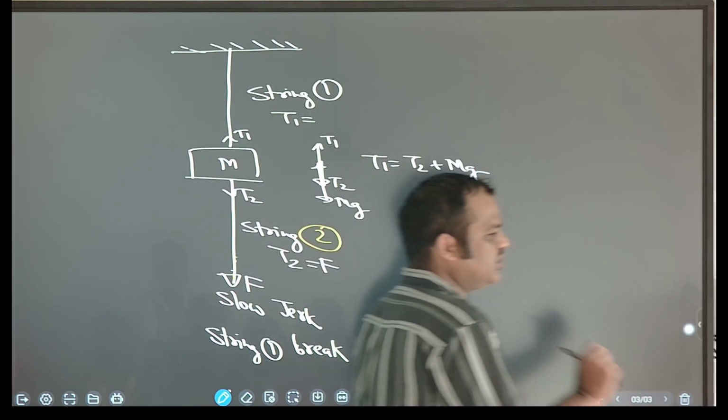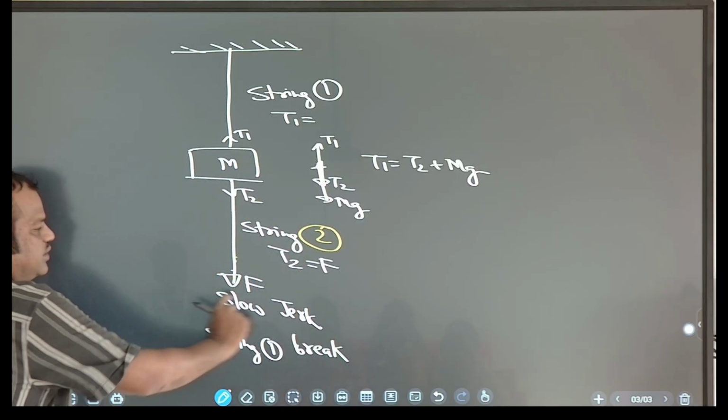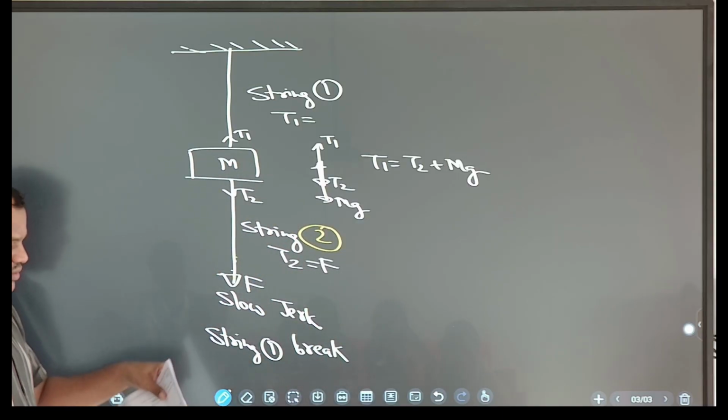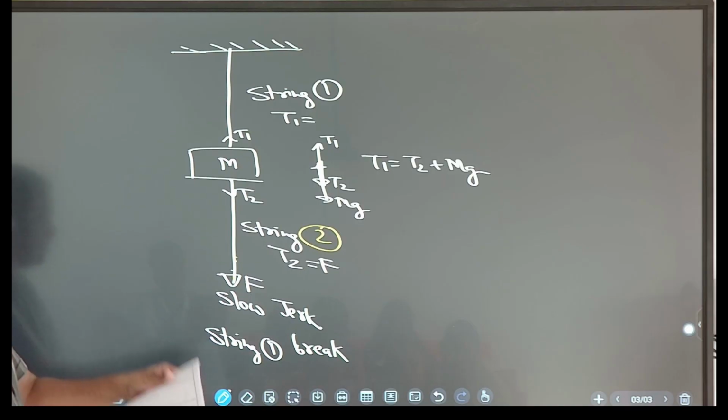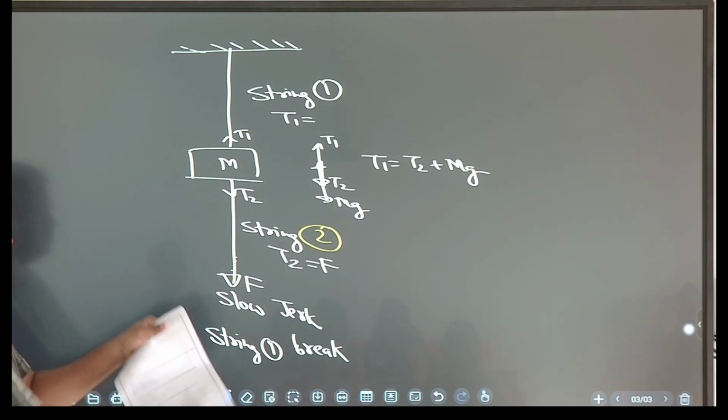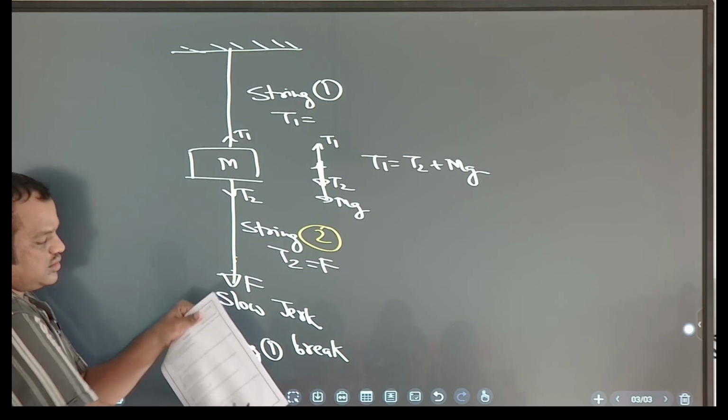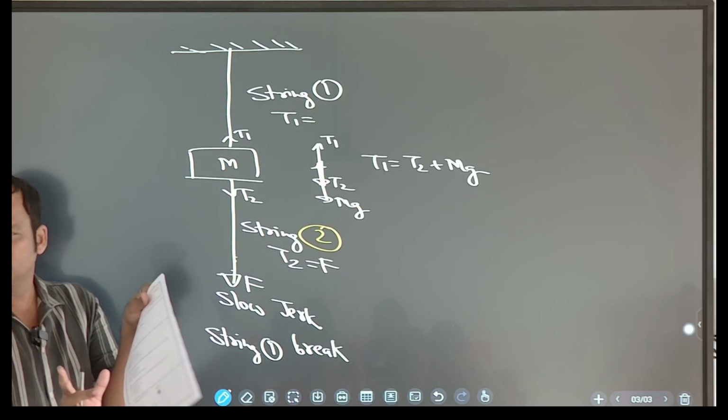So string 1 will break. A sudden jerk is like this, sudden. This is slow. Are you getting it or not?